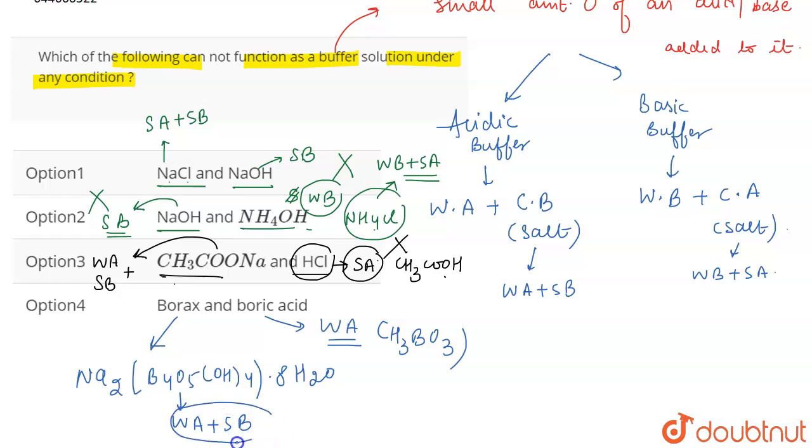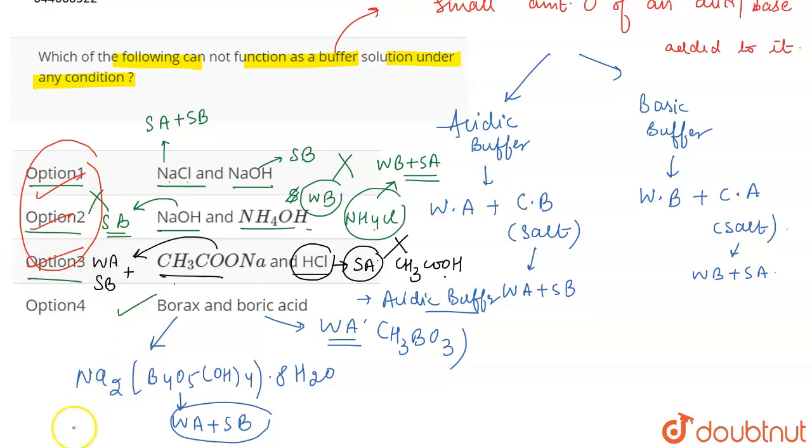So therefore, they can result in the formation of an acidic buffer. So out of all of these options, only option 4 can form an acidic buffer, whereas options 1, 2 and 3 cannot function as a buffer, and they are the correct answers for the question.